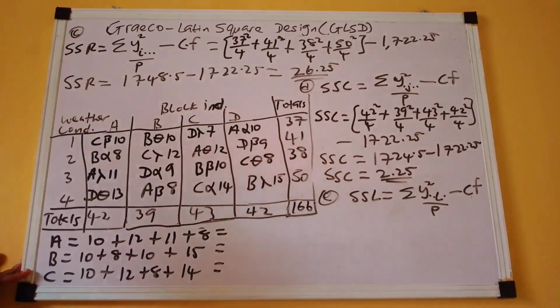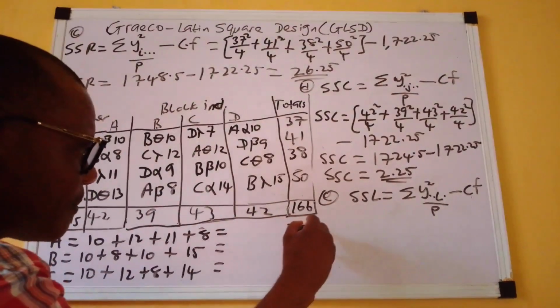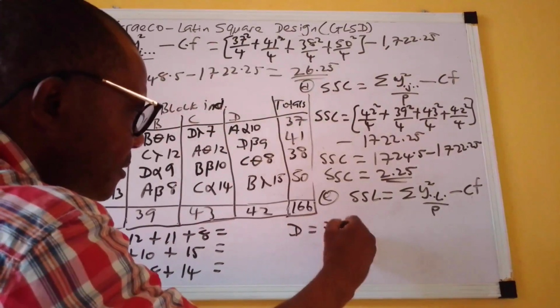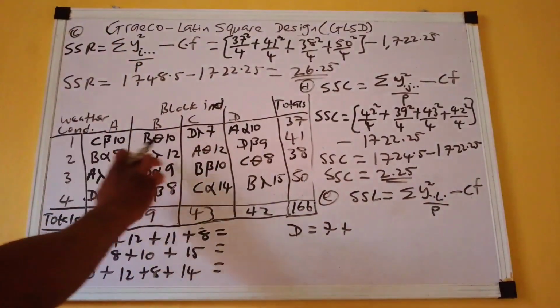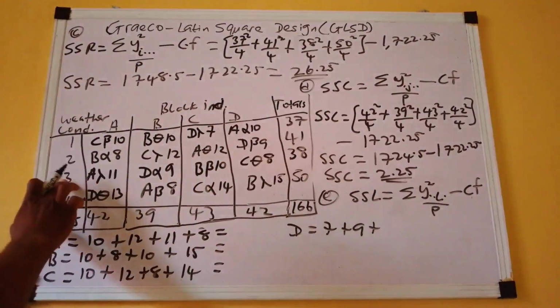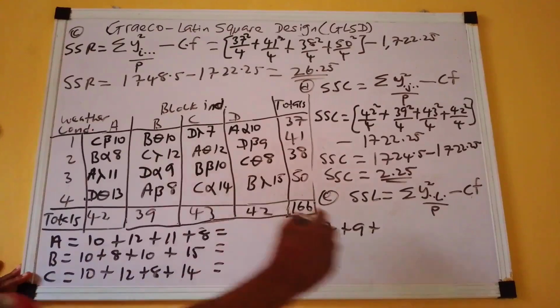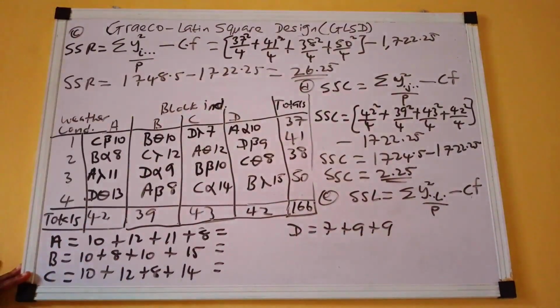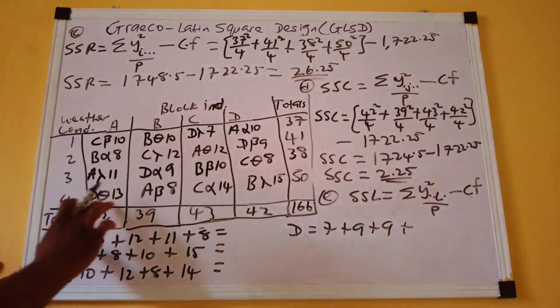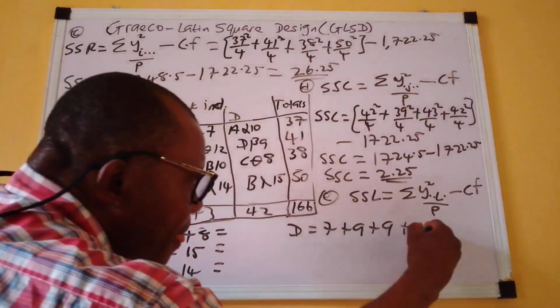Then you take your D. For the first row D is 7, then the second row D is 9, then the third row D is also 9, then for the fourth row D is 13.